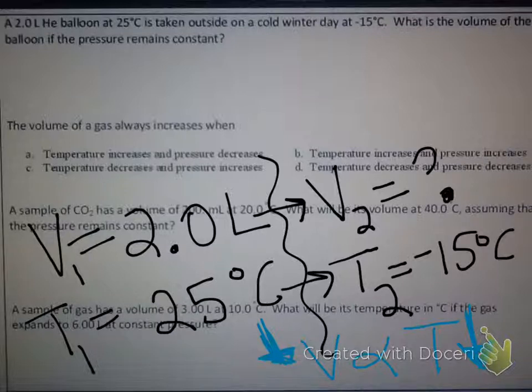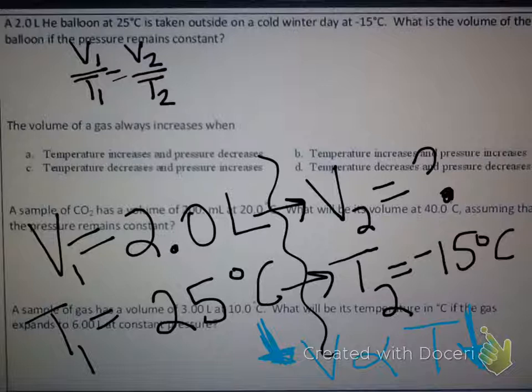And this is actually true. This happens. We should see the balloon shrink, or the volume of that gas inside the balloon get smaller. Now, what will the volume be? We've got to calculate it. So we're going to use Charles' Law, which says V1 over T1 equals V2 over T2.